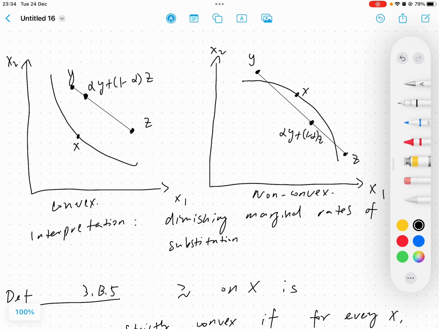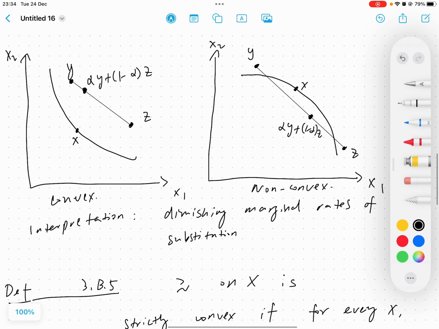The basic intuition or main interpretation of those convexity properties is diminishing marginal rates of substitution. Okay, good. In the next episode, we'll introduce another very important property and also see what else we need to further analyze the decision-making problem with the preference-based approach.